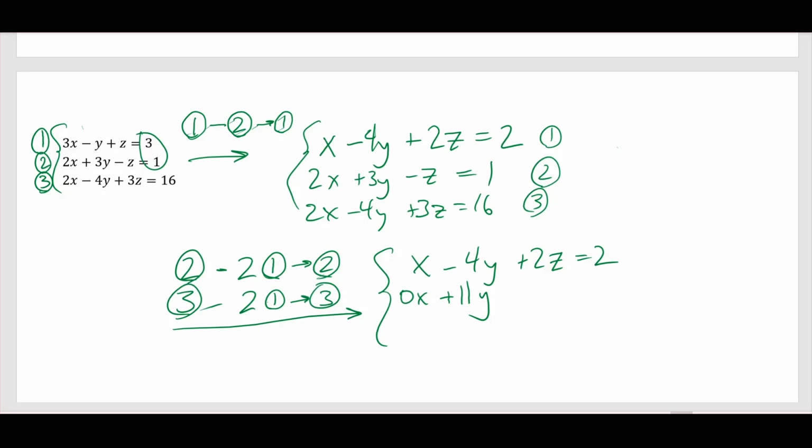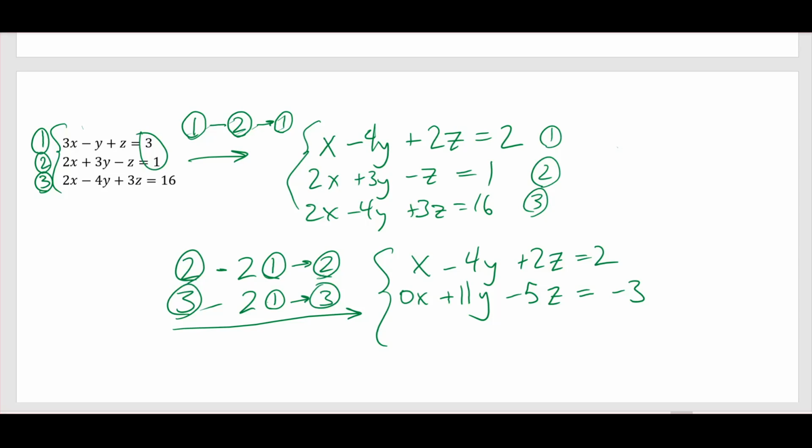Okay, and then in the z position, we've got negative z minus 4z, so that's negative 5z. And then the constant, we've got 1 minus 2 times 2, so that's 1 minus 4, which is negative 3. Okay, so now we've eliminated the x term, and we are still on our way here.